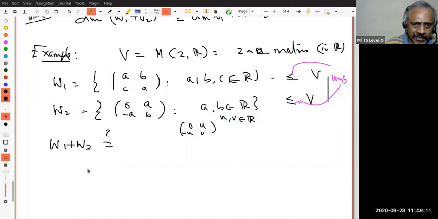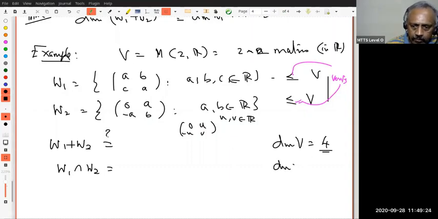We will do it in a minute, but let's look at what is W1 intersection W2. Now, what is the dimension of V? That we had already seen, so the dimension of V is 4. Now, what is the dimension of W1? A, B, C, A. Therefore, how many variables are there? I need 3 variables.